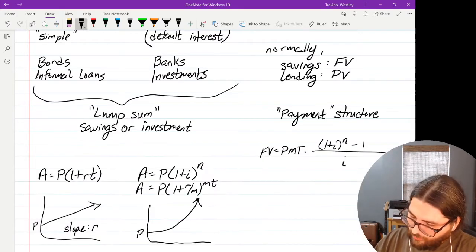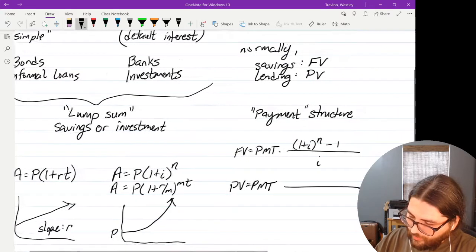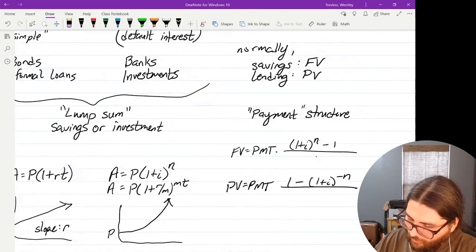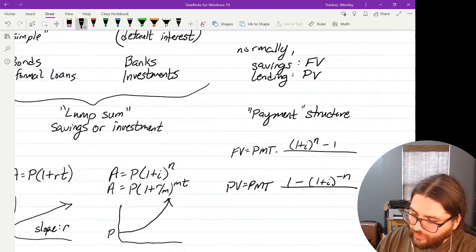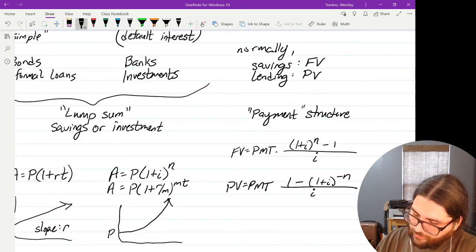The present value, oops, not equals, times 1 minus 1 plus i to the negative n power. Remember, we talked about why it was negative. You could think about that as ungrowing something. All divided by i.